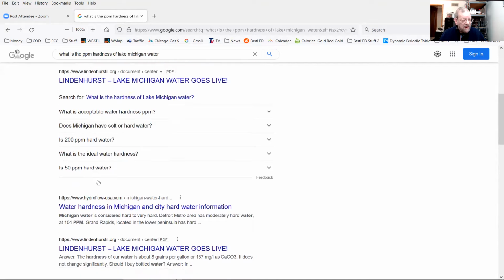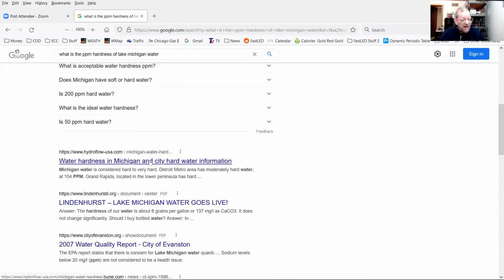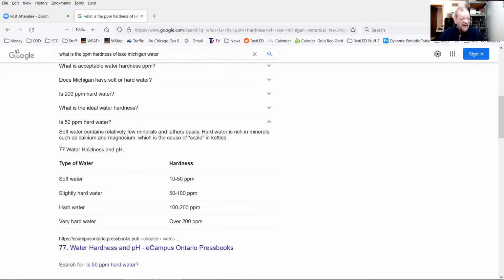Here it is. Lake Michigan water is about 104 ppm. When you go above 150, you've got real hard water, and 50 is soft. Here I have soft, slightly hard, hard, very hard.